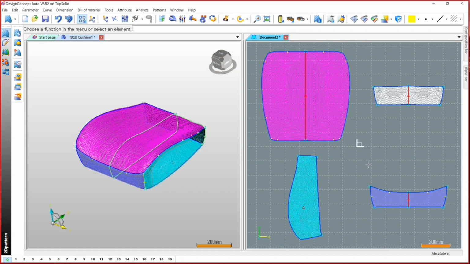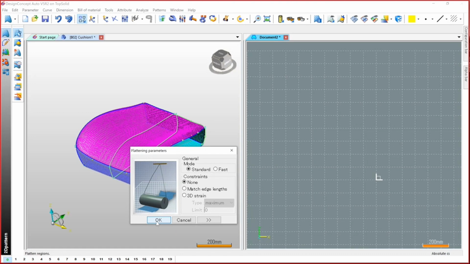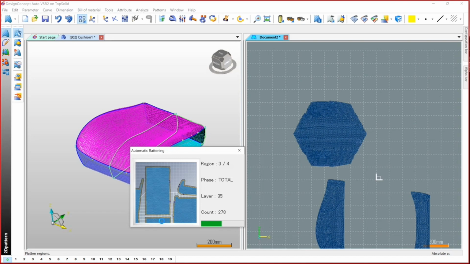That's why the flattening calculation is basically from the center point to the outside. This is the standard, from center to outside. See?